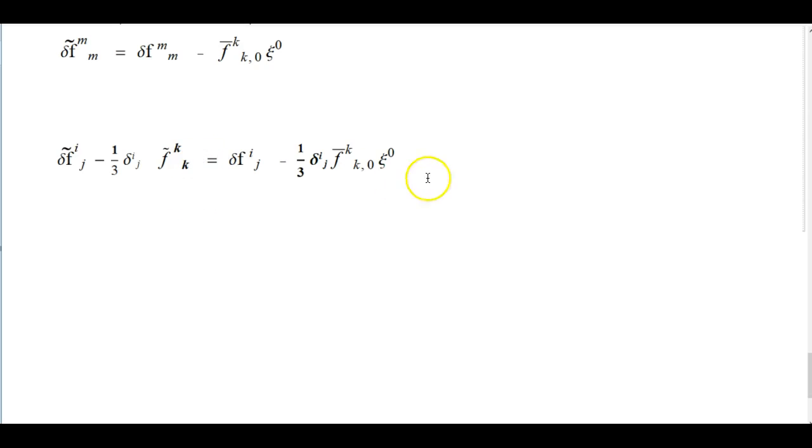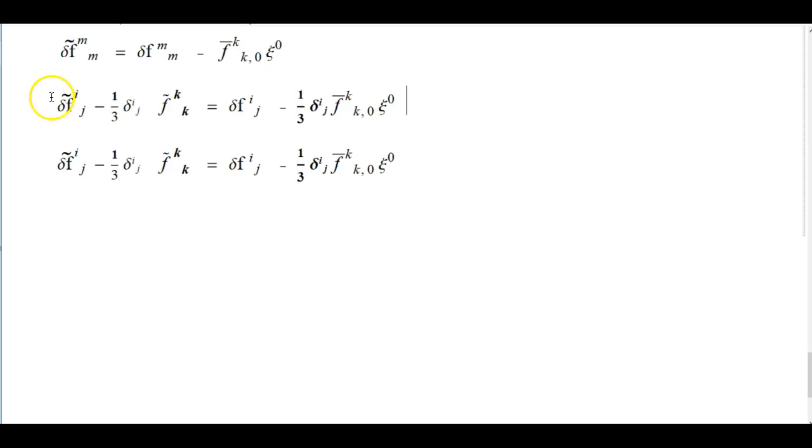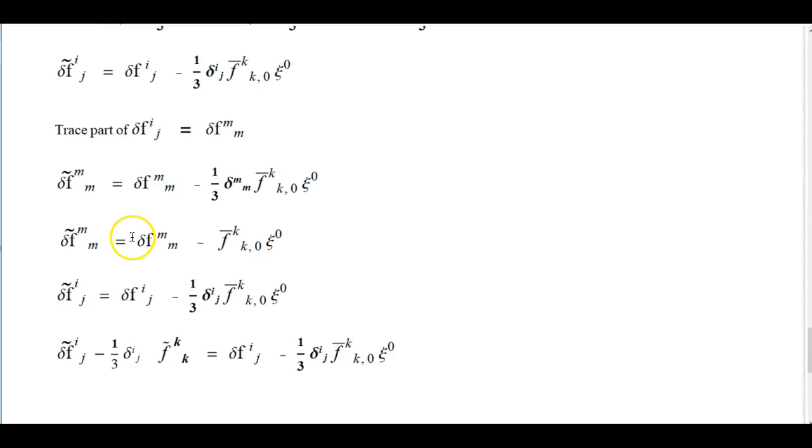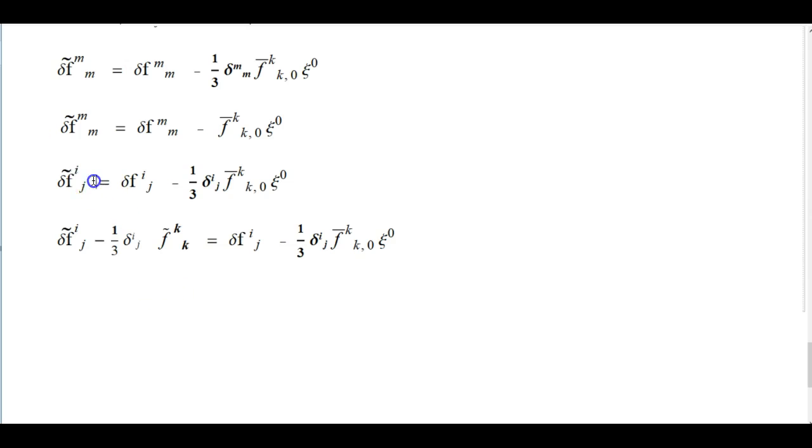So this is the traceless part of, I start, let me not miss any step. So this is where I started from. I started with this equation, which I have derived here. So when you start with this equation, and for this matrix, this is the trace part, and now I write the traceless part. Traceless part is given by this.